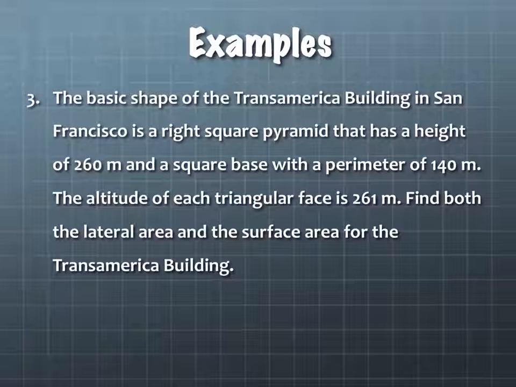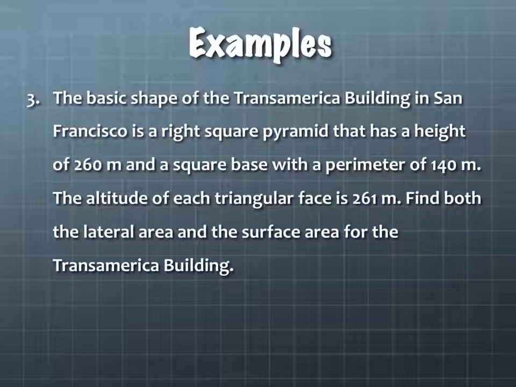The altitude of each triangular face is 261 meters. Find both the lateral area and the surface area for the Trans-America building. Okay? This is an actual physical object.